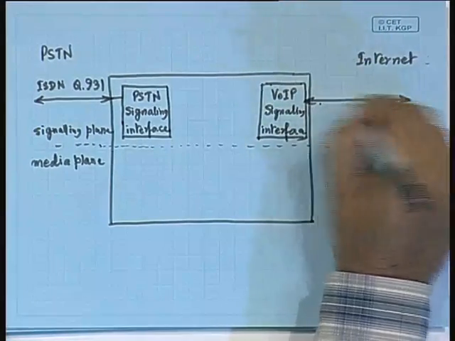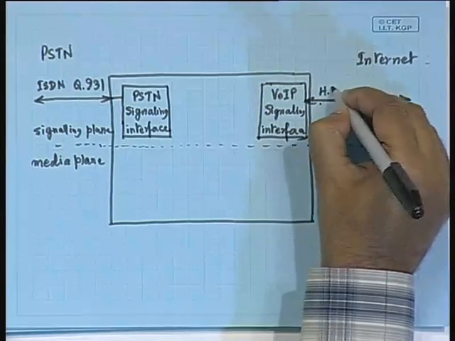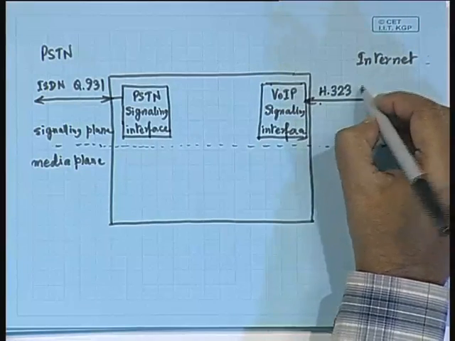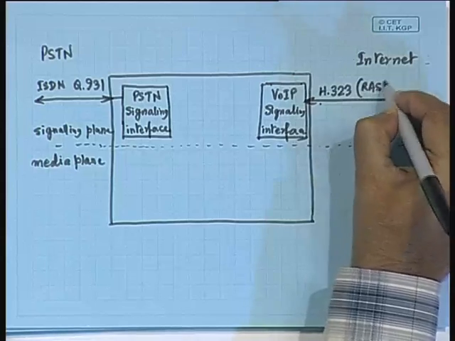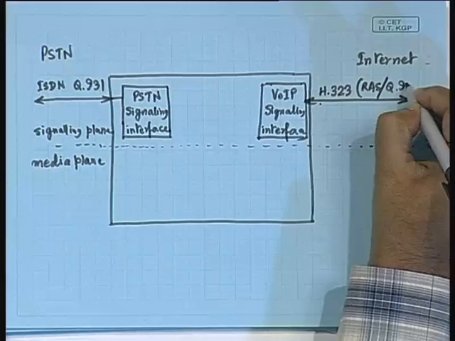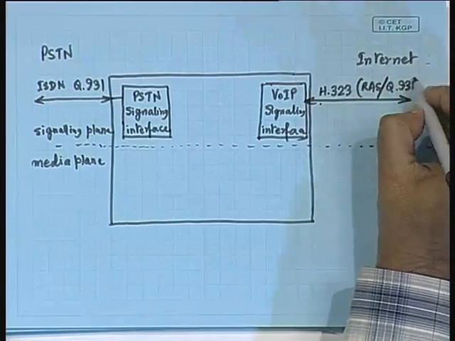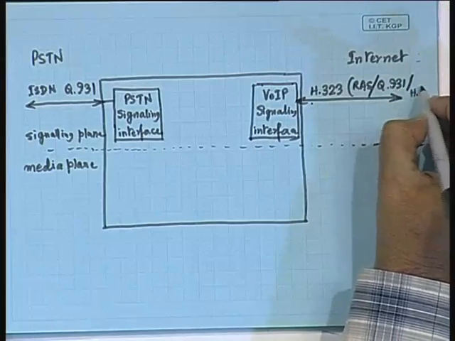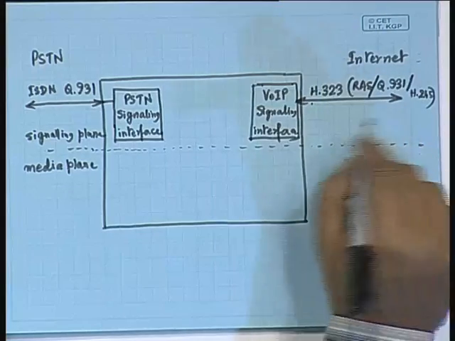In the internet, the VoIP signaling has to be on the H.323 standard. That means it has to include the RAS, the Q.931 part which is supported by H.323, and for the capability negotiation it must have the H.245. Okay, so this is needed.